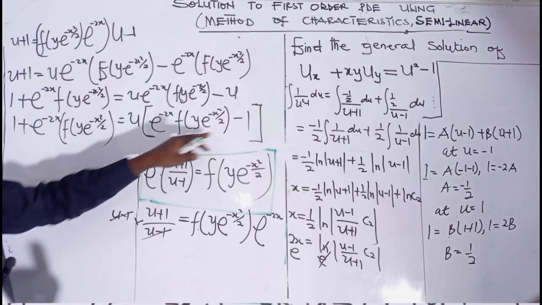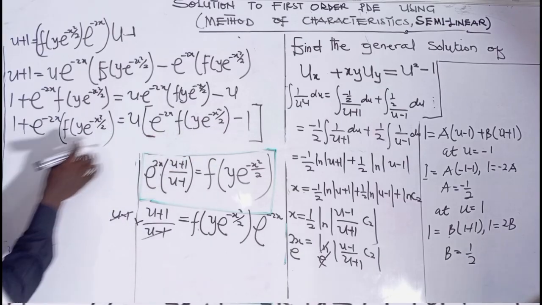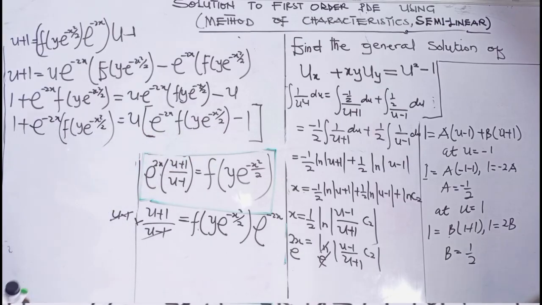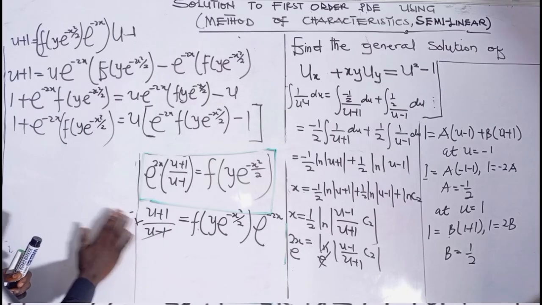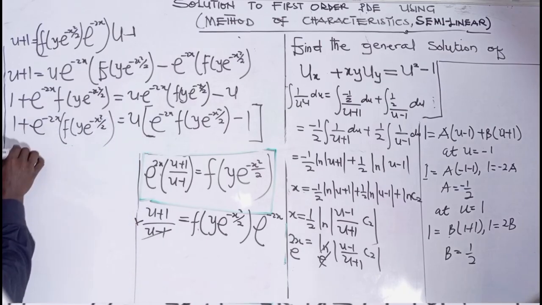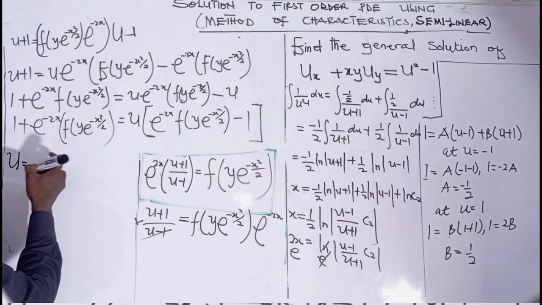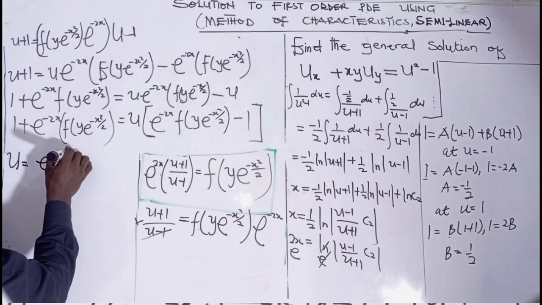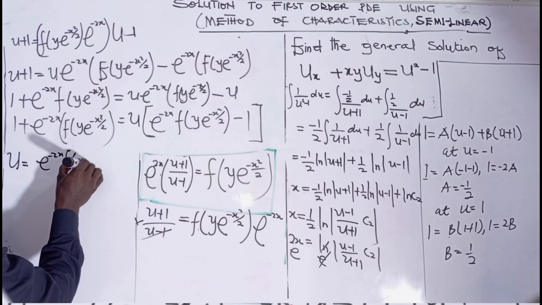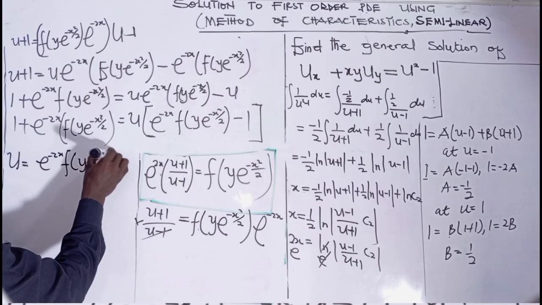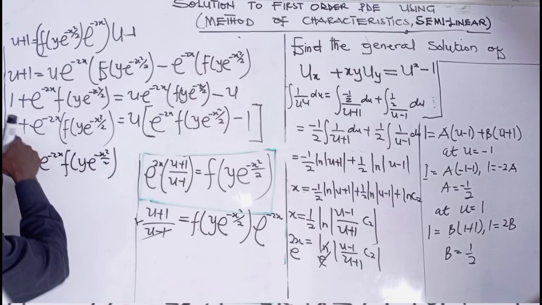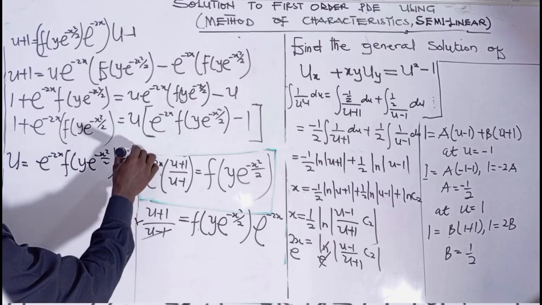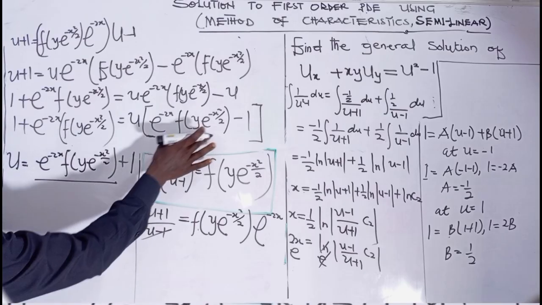So let's divide both sides by that, so that we are left with u, because we are interested in u. So we have u is equal to e exponent negative 2x, and then we have a function of y exponent negative x squared all over 2, and then plus 1, and then divided by this.